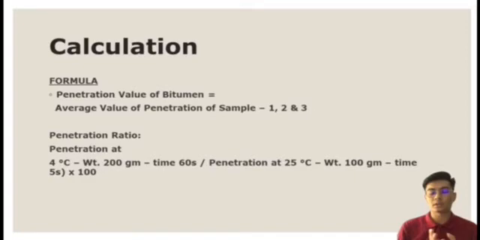For the penetration ratio, penetration at 4 Celsius with 200 gram and 16 seconds, divided by penetration at 25 Celsius with 100 gram and 5 seconds, then multiply by 100. That's all for the conclusion.